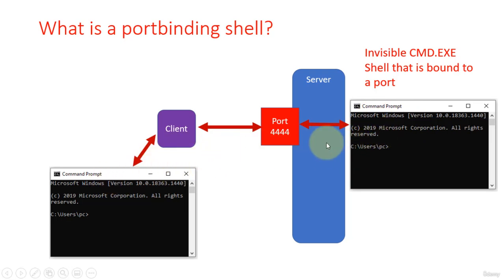And it will also be able to listen on port 4444, so that when a client were to connect to this port 4444, the server will give back a command prompt to the client, and the client machine remotely will be able to access the command prompt as though the client was sitting right in front of the server itself.